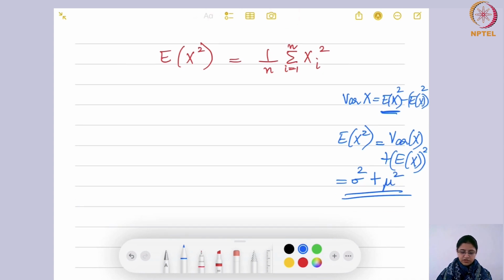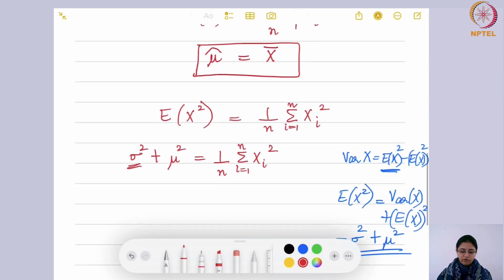So let us substitute that. Here you have sigma square plus mu square. This would be 1 over n summation xi square, where i goes from 1 to n. Your interest is in sigma square.